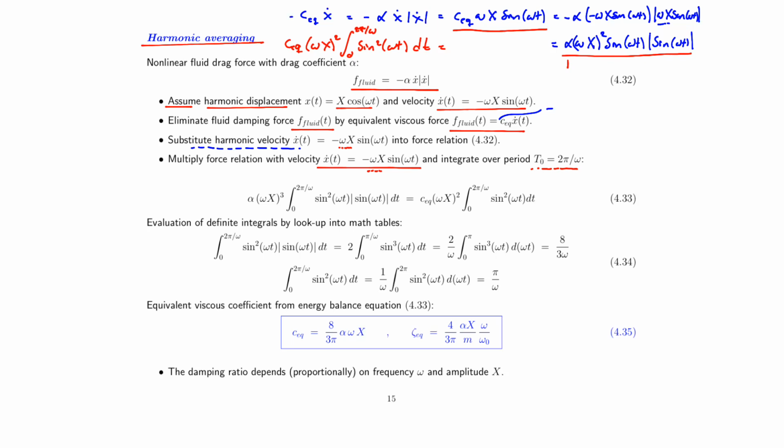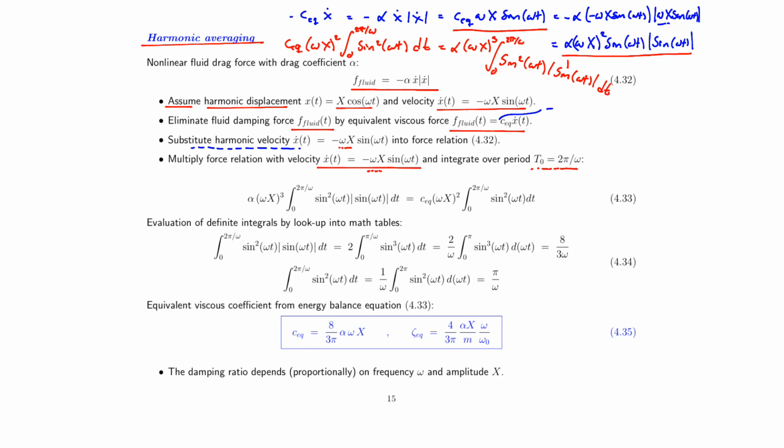On the right hand side we will have an alpha, then we'll have omega capital X to the power 3, because velocity provides omega X. Then we'll have an integral, 2 pi divided by omega. Then we'll have a sine function squared multiplied by the absolute value of a sine function dt.